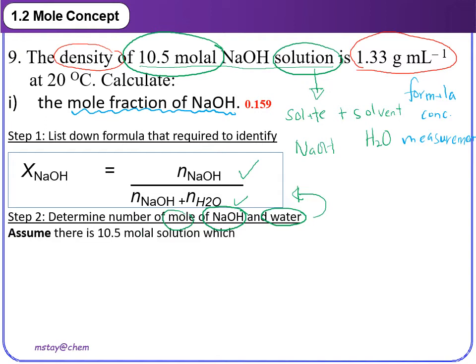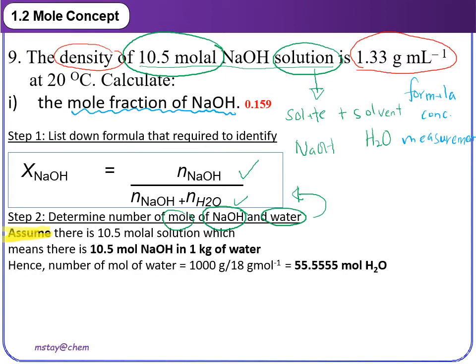Assume there is a 10.5 molar solution. When we do this, we consider we have already done the assumption. What does this mean? If we have a 10.5 molar solution, it means that in 1 kilogram of water, there is 10.5 mole of NaOH.